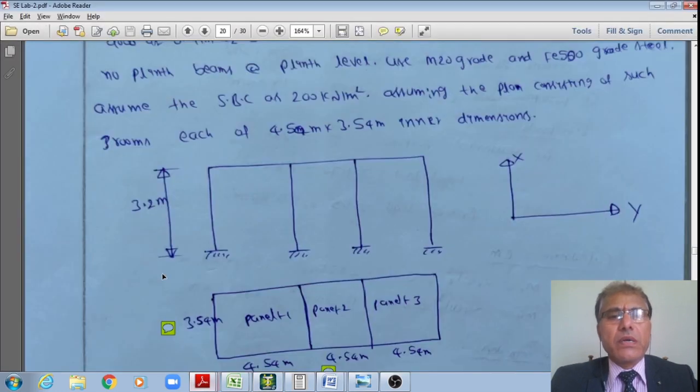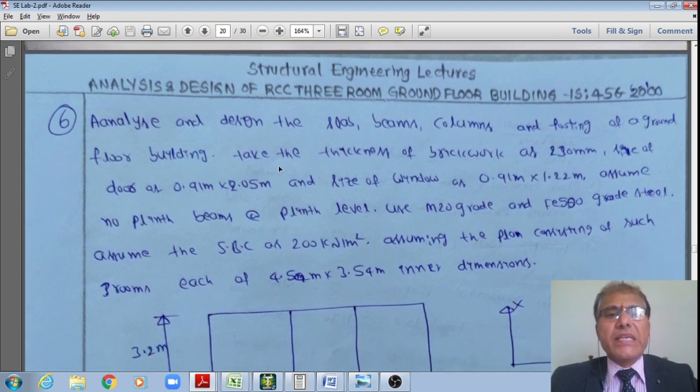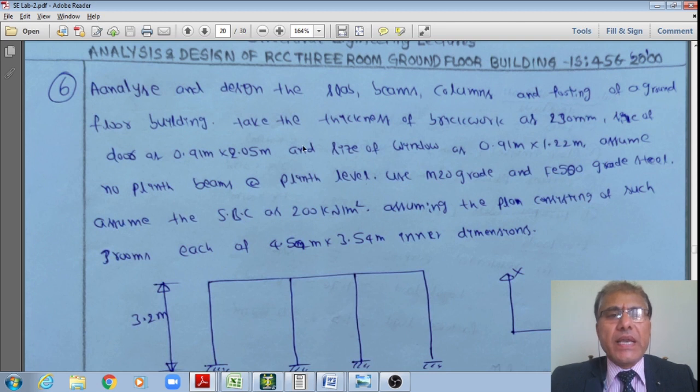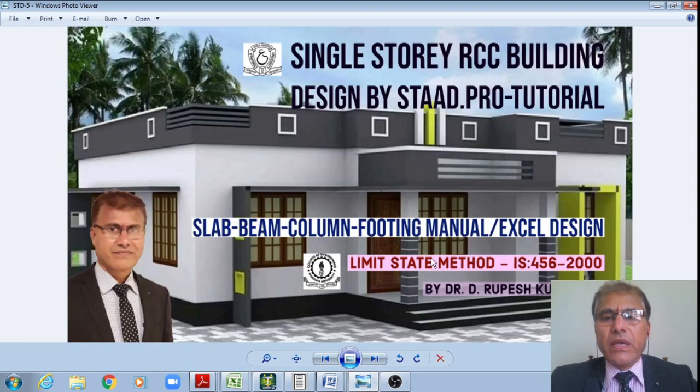This is the data given: analysis and design of RCC 3-room ground floor building conforming to IS 456. What is now given? The data is to analyze and design the slab, beams, columns and footings of a ground floor building. Now this is how the ground floor building is shown, students. This is what we are trying to do.